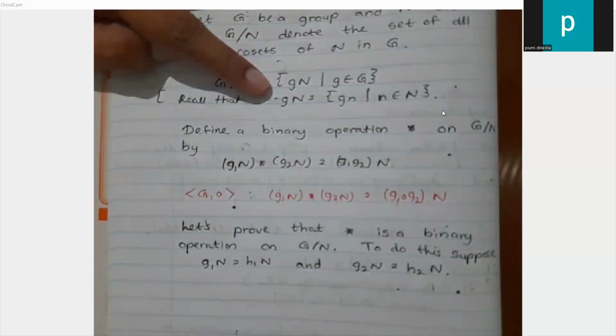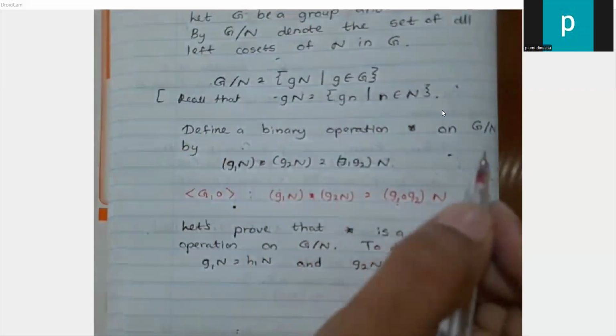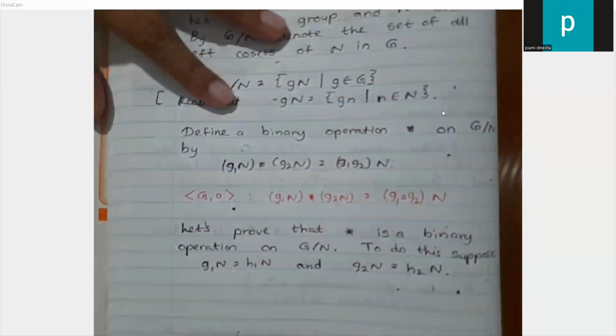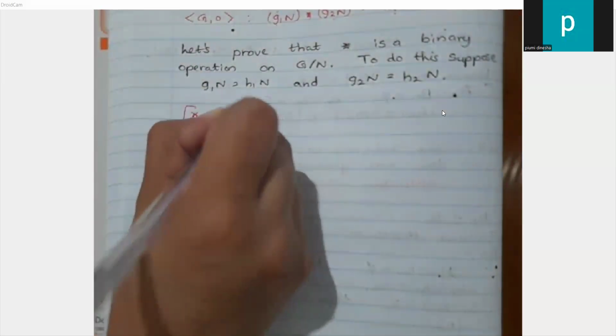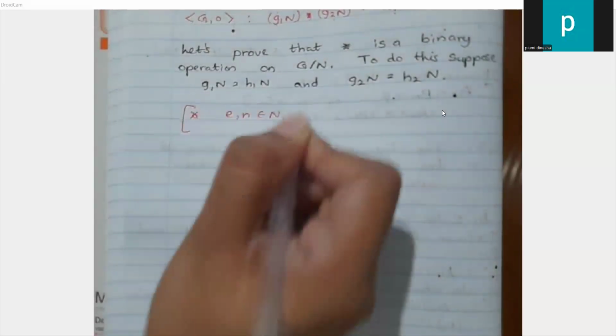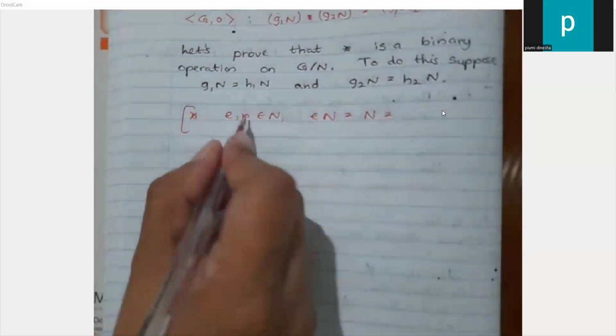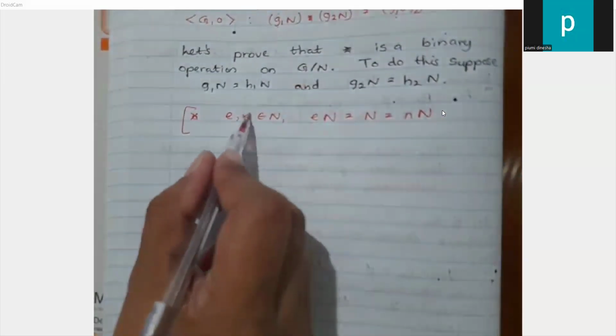On the other hand, I will take another element from the normal subgroup N that is different from the identity, right? What do we get in this case? I'll just write within brackets, because now we are writing inside the proof. For the identity e and n in N, we see that the left coset of N by the identity is simply equal to N. Not only that, by this element n, which is also an element in N, the left coset also ends up being N, right?